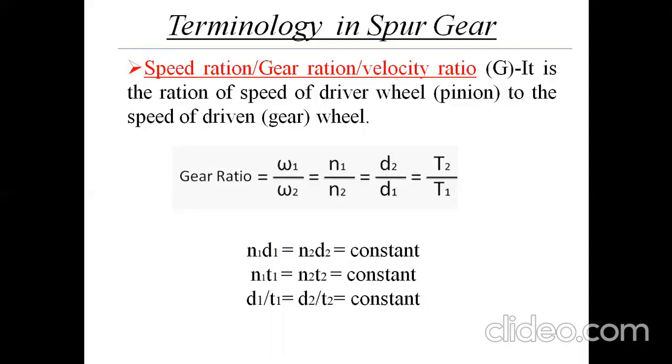Here it is the ratio of the diameter of driven to driver. Again it is written in terms of number of teeth. It is the teeth on the driven wheel to the teeth on the driver wheel.